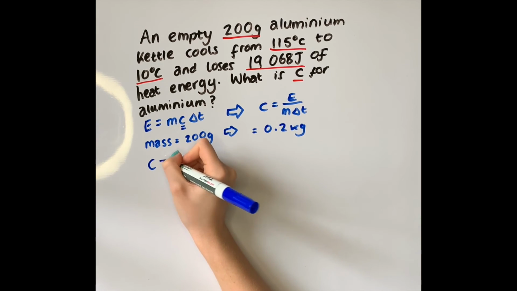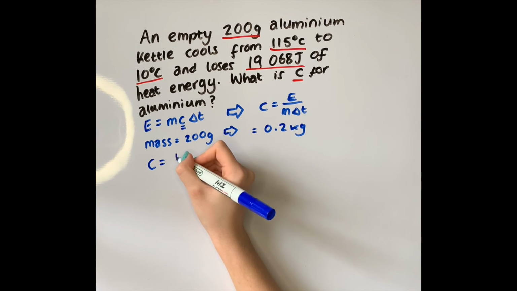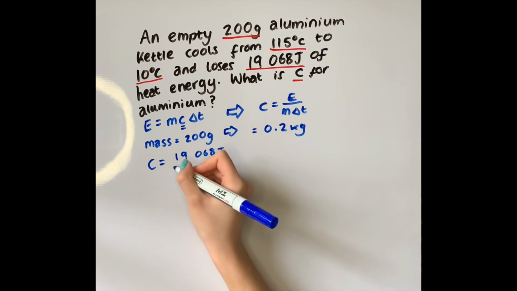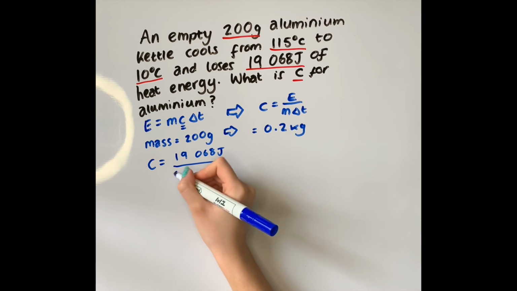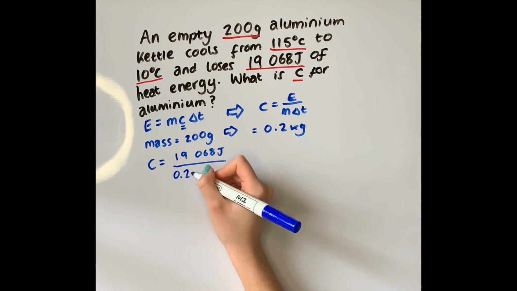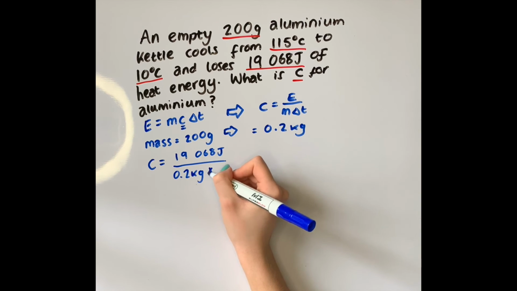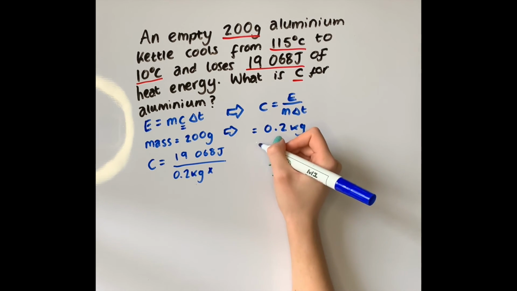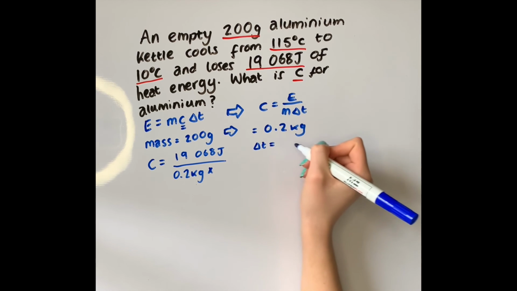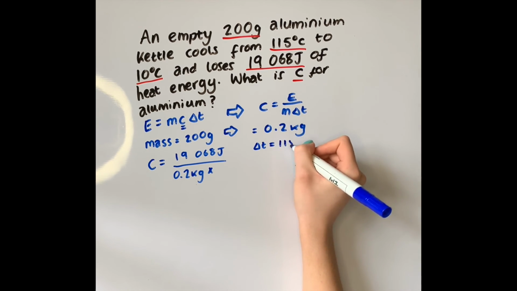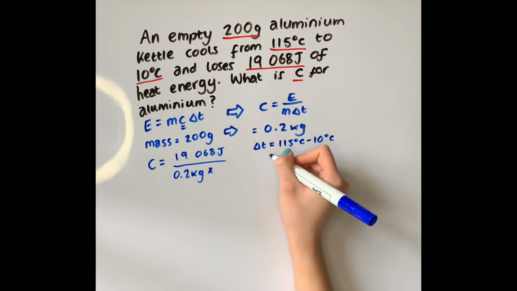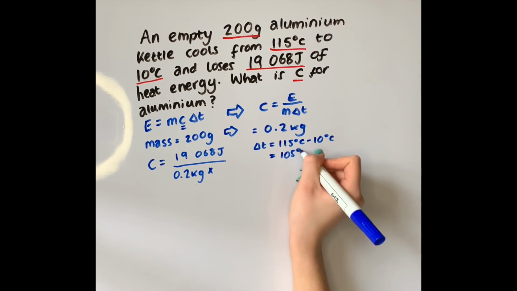So E is 19,068 joules, our mass is 0.2 kilograms, not forgetting to work out the temperature change. Well, this is just the final temperature minus the initial temperature, or 115 degrees Celsius minus 10 degrees Celsius is just 105 degrees Celsius.